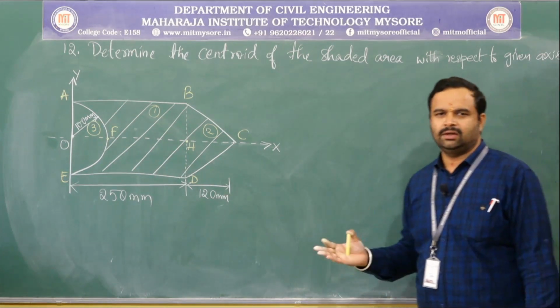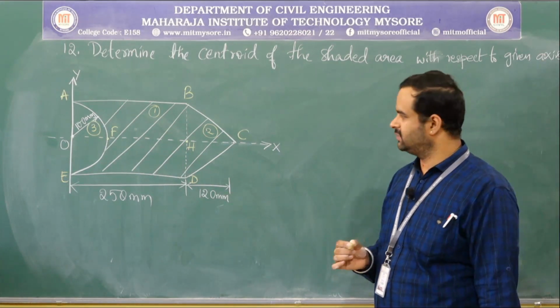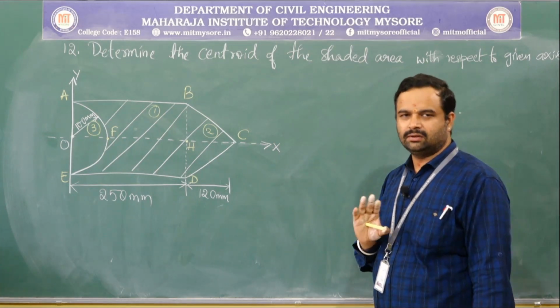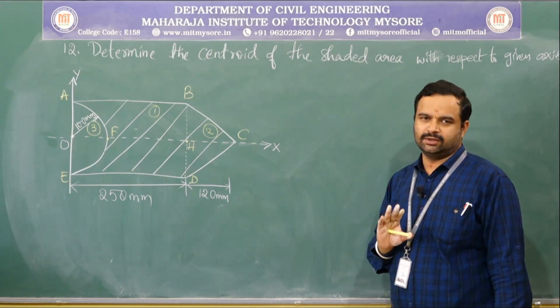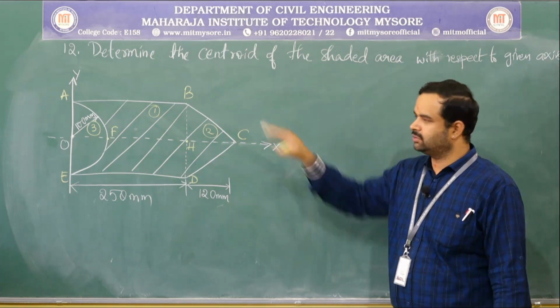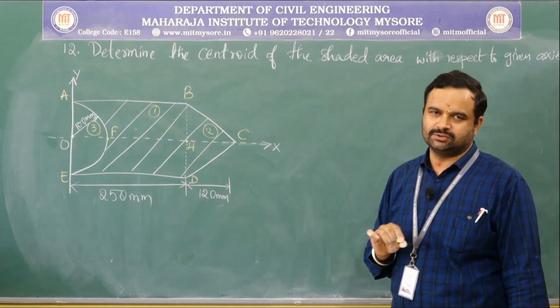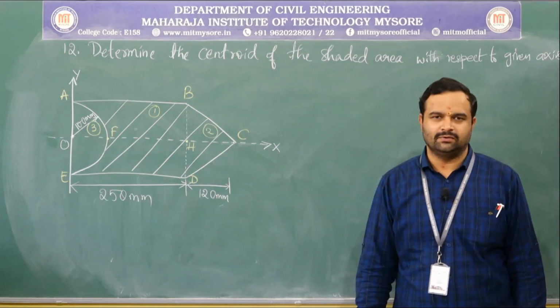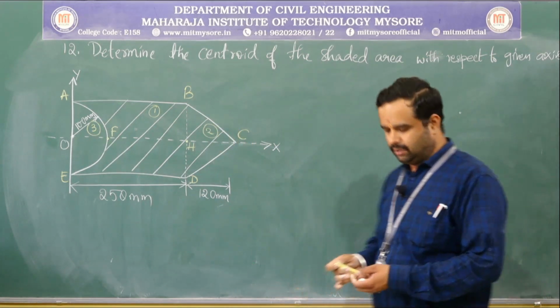Even without naming these, you can proceed. There is no rule that you need to write the namings; you can proceed with the component numbers itself. Now, we shall proceed with the components.